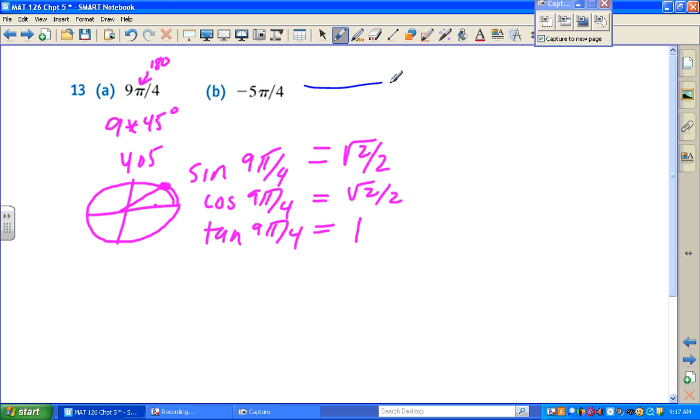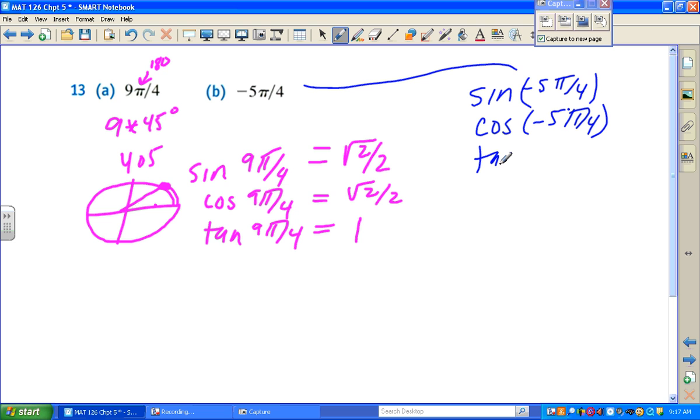And for negative 5 pi over 4, I need the sine, cosine, and tangent of negative 5 pi over 4.